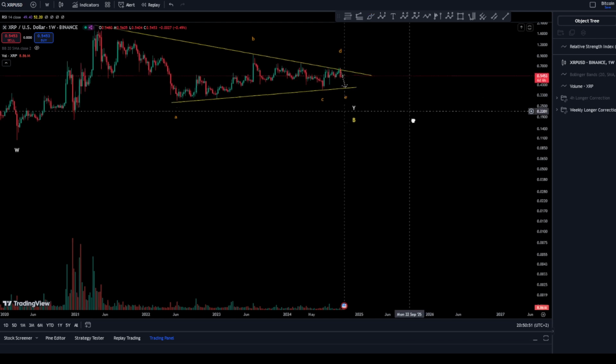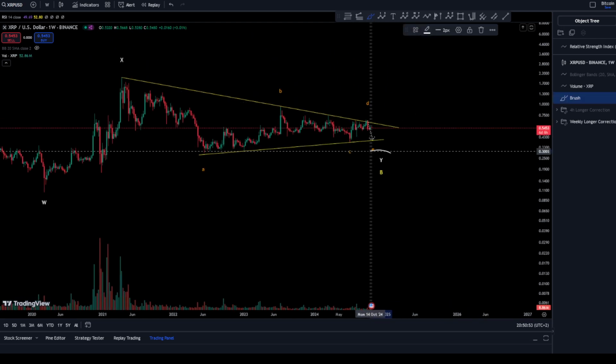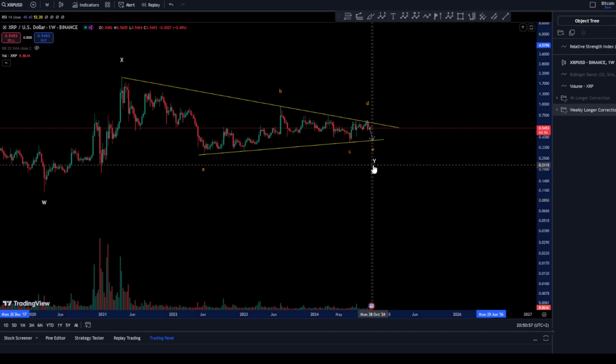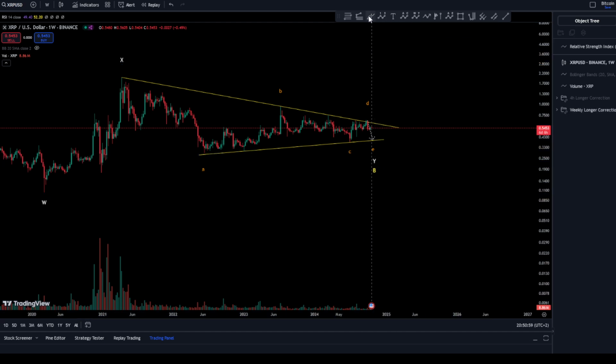Once you have finished this wave Y, which is also your wave B at the same time, you are looking for higher prices.